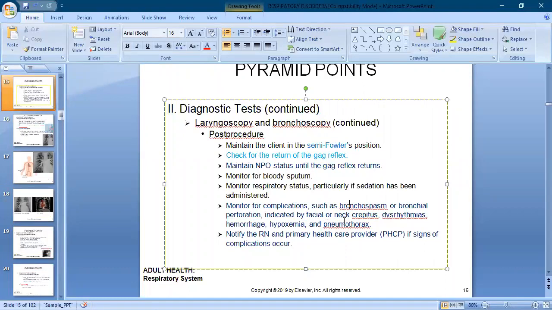If you put the stethoscope, you can find the extra added sound, crepitus, or dysrhythmia, hemorrhage signs, hypoxia, oxygen-less, cyanotic, or lungs full of air called pneumothorax. Notify the healthcare provider if we see any kind of sign and symptom like this.